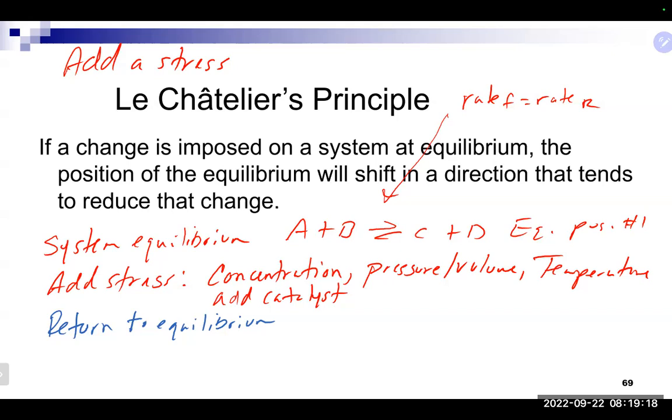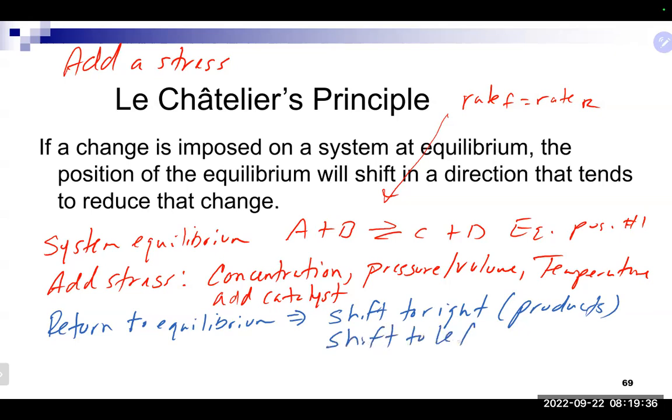In order for it to return to equilibrium, it may have to shift to the right, which basically means we need more products. It may shift to the left, which would mean that we need to make more reactants.